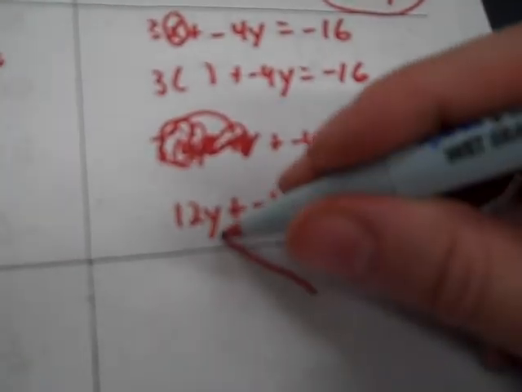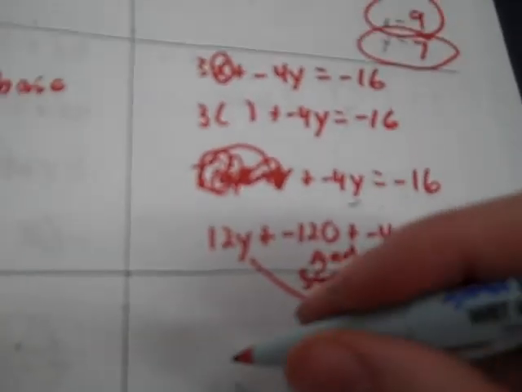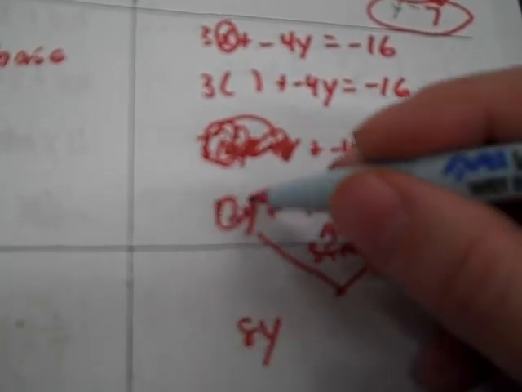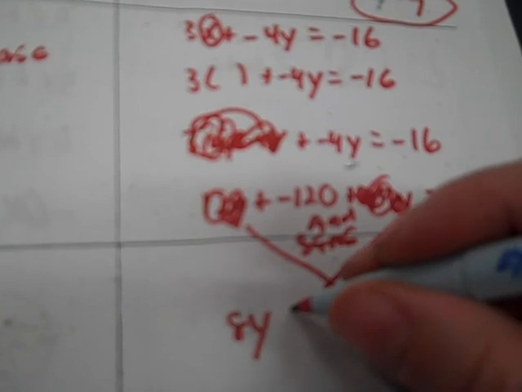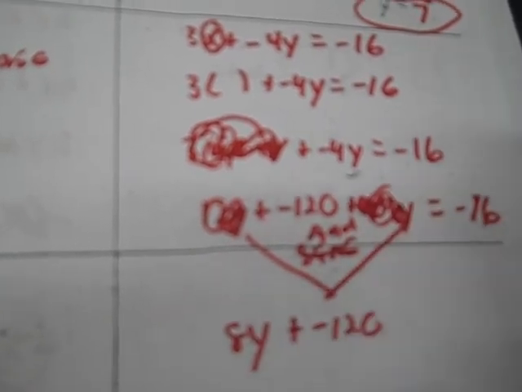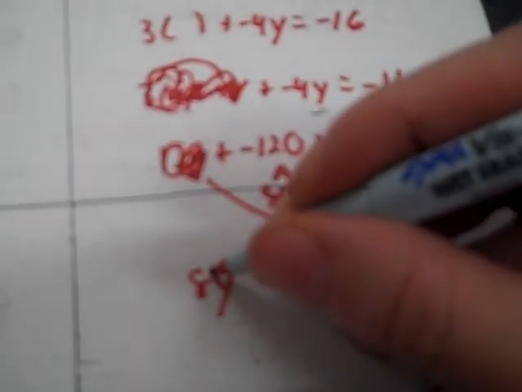Okay, so the y's are on the same side, so we need to add, okay? 12 plus negative 4 is 8, so 8 y's. And then I need to add negative 120 equals negative 16.